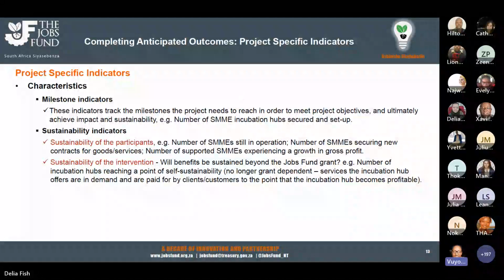So these indicators become proxies in assisting us to see whether there is efficacy in the intervention that we will be rolling out. Because if you've got SMEs that continue to operate over a period of time, obviously they are staggered in terms of their takeoff and operation.